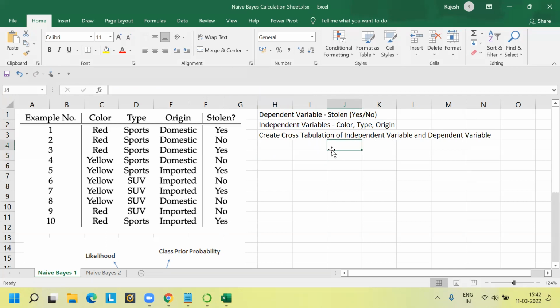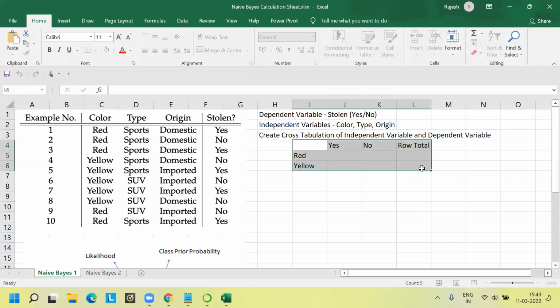So let us say yes, no are our dependent variable. And what is the color? Red, yellow. Red and yellow are the colors. And we need the row total to calculate the probability.